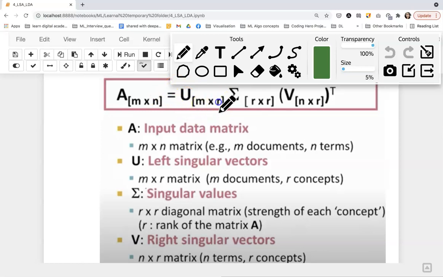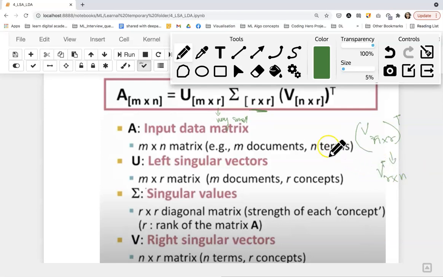This r will be very small. The dimension of the sigma matrix will be r cross r, and the dimension of V will be n cross r. Now we will use its transpose, so this will become V transpose, r cross n.